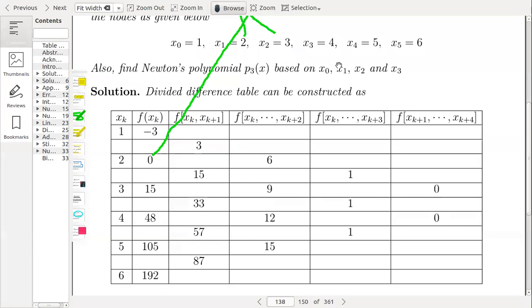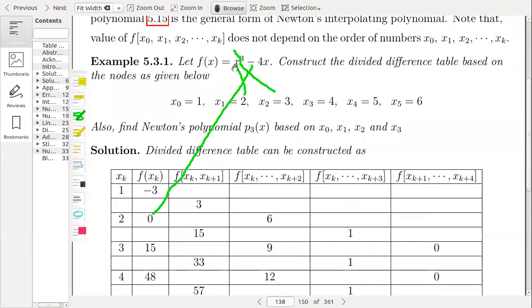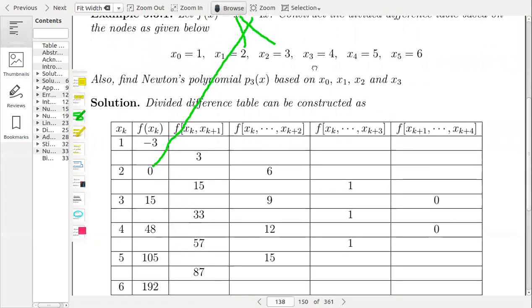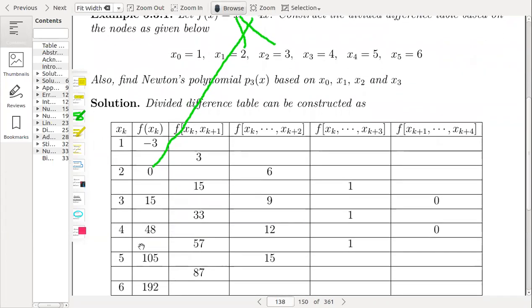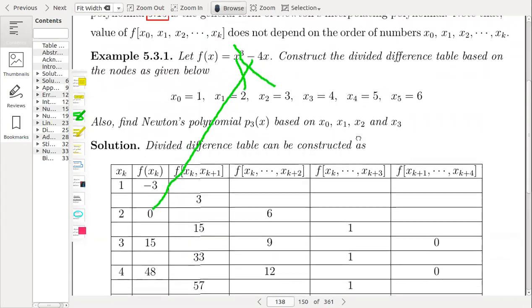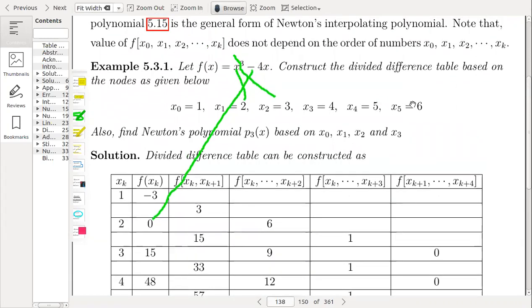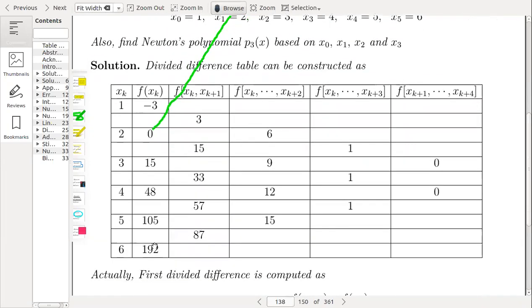Then you replace x with x5, and you will have this value 105, and for replacing x with 6, you will have 192. So in this way, you have actually calculated this zeroth order divided differences for the given values.